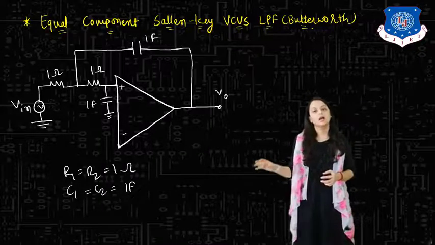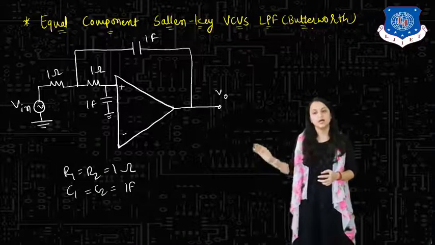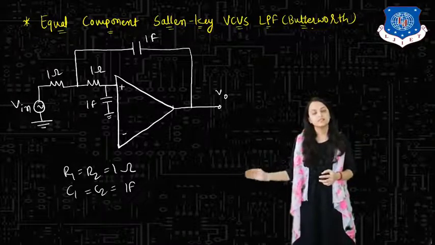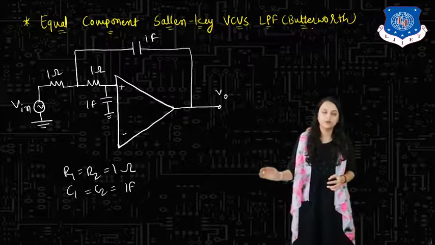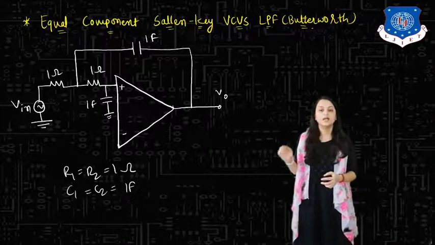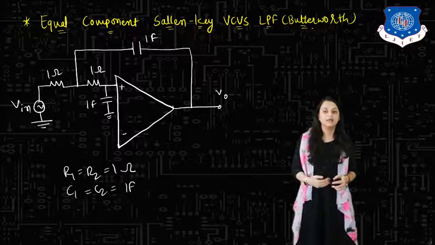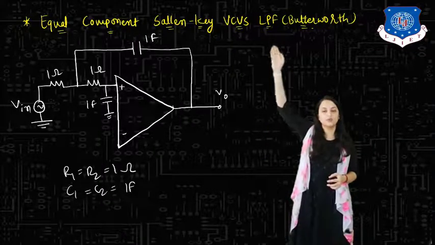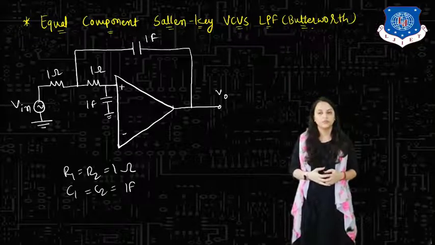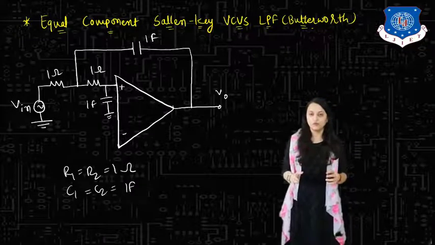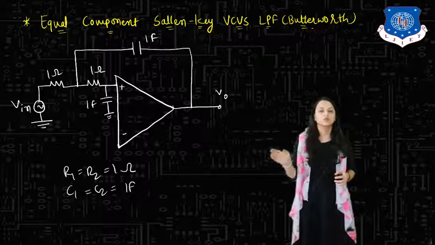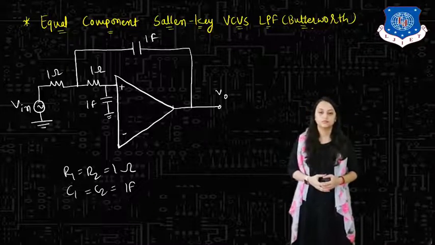That means they have equal component values: R1, R2 of same value 1 ohm, C1, C2 of same value 1 farad. As directly with the supply the resistances are connected, that's why it is called a low pass filter. So the equal component version says that the component values should be the same in the filter.